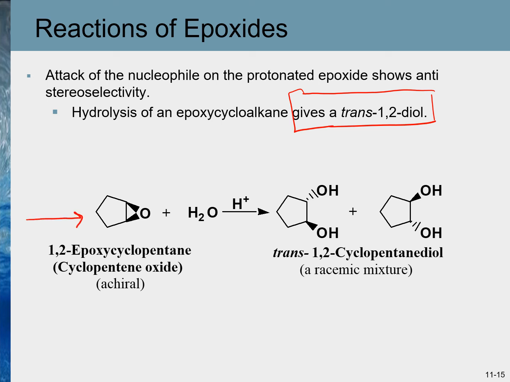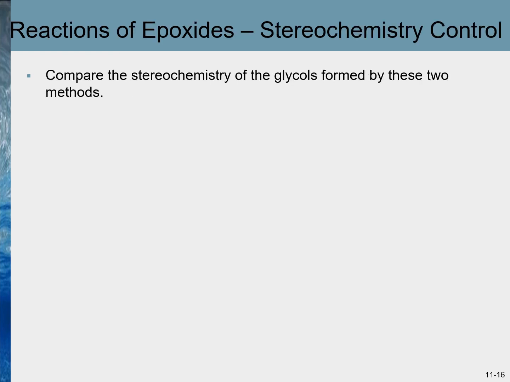In this reaction, 1,2-epoxycyclopentane undergoes a ring opening reaction, and it results in formation of a racemic mixture of trans 1,2-cyclopentane diol products.